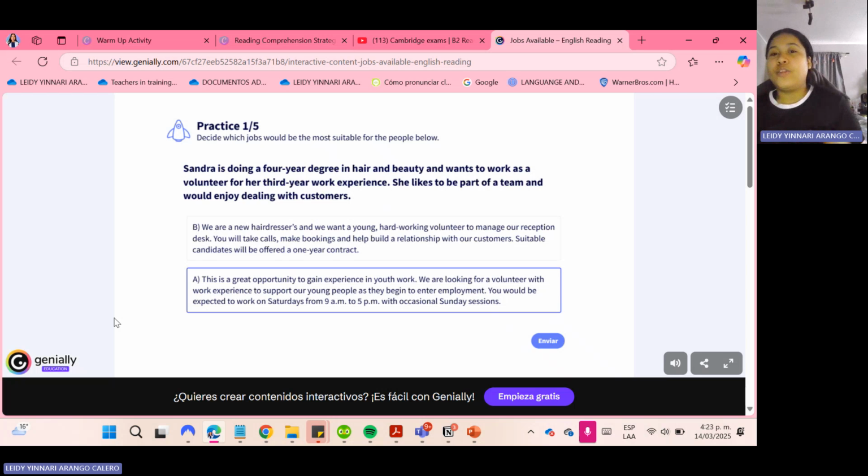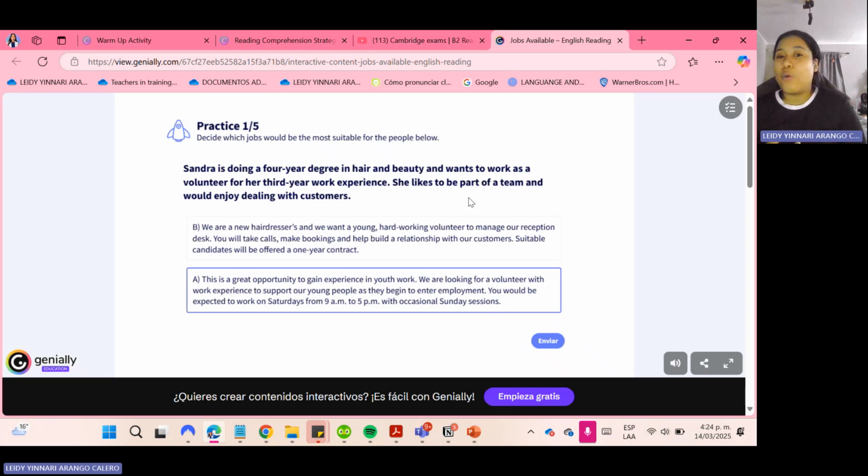In this case, we need to always focus, like I mentioned before, with the infographic and the video, trying to find the keywords. For example, I know that Sandra is doing a 4-year degree in hair and beauty. Hair and beauty are some key words in this exercise. So I don't think that the A option will suit Sandra since they are looking for volunteers and they are not actually specifying what to do.